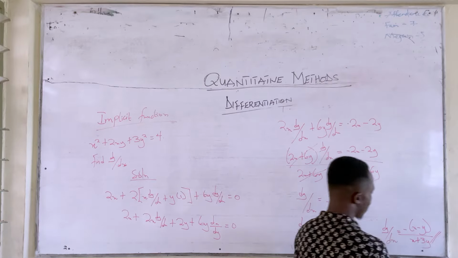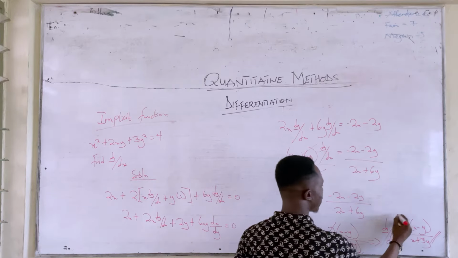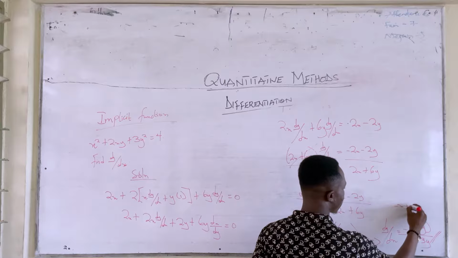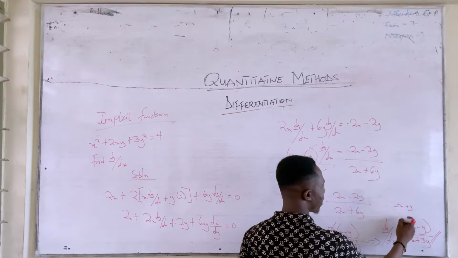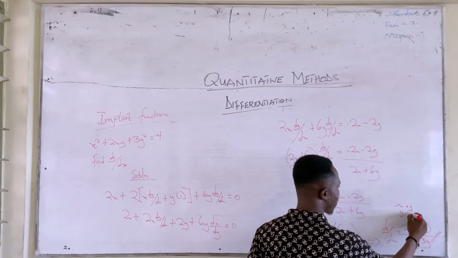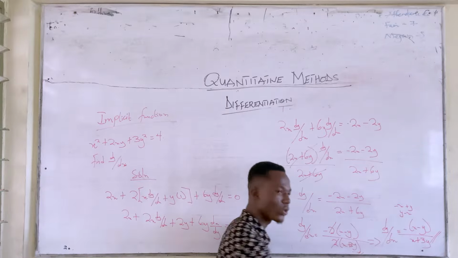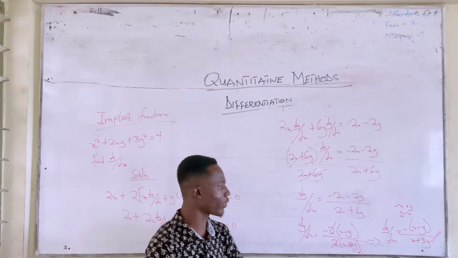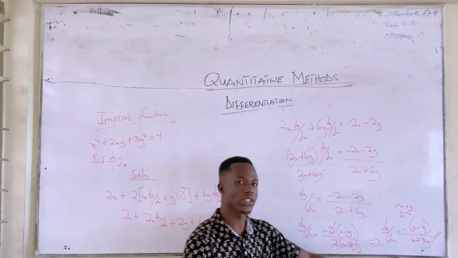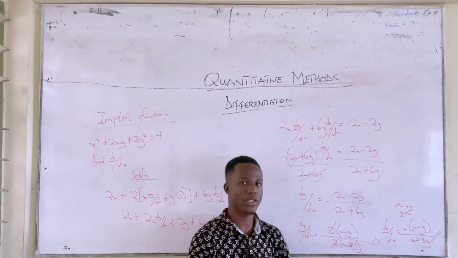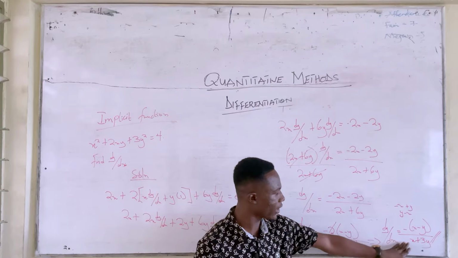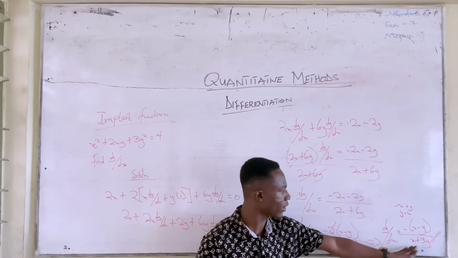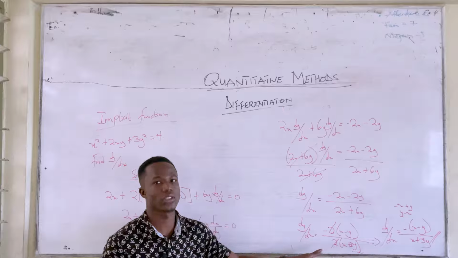And someone can also expand this to get negative x plus y. So you see negative x plus y is the same as y minus x. So anyway, it still depends on the options provided. So if you believe yourself and you know you are right and you are not seeing the final answer as part of the options, you can check whether you can do something about the answer to get the correct answer.